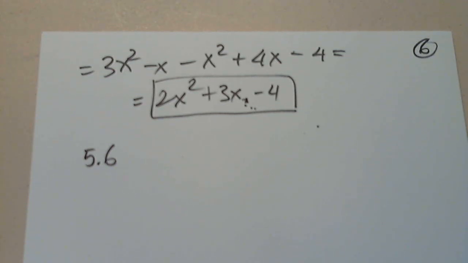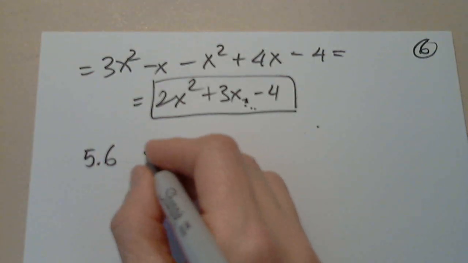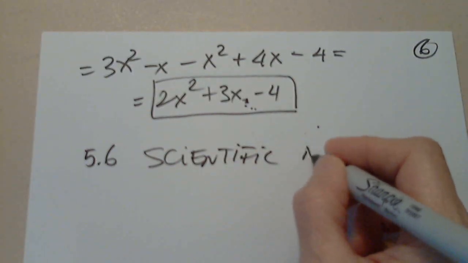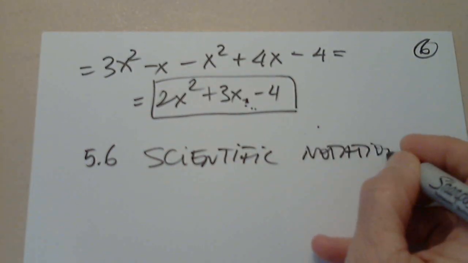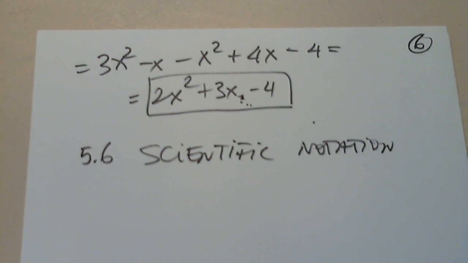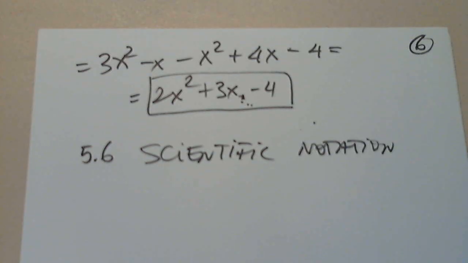Okay, the last section of this module 5 is called scientific notation. You've seen this before. Why is this so important? Because very, very small numbers and very big numbers are presented in scientific notation.